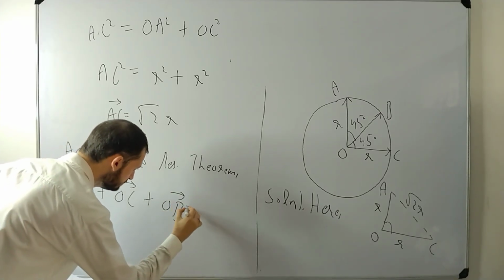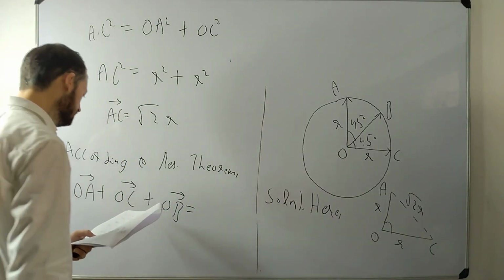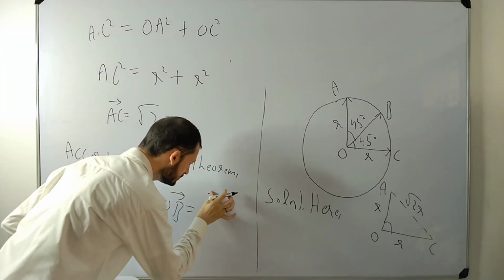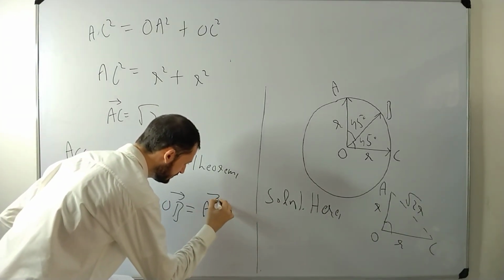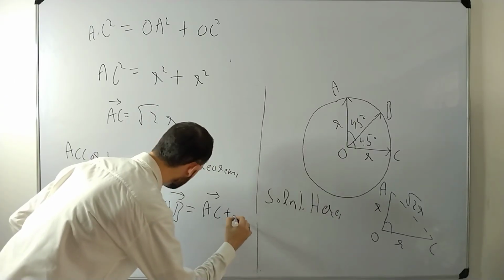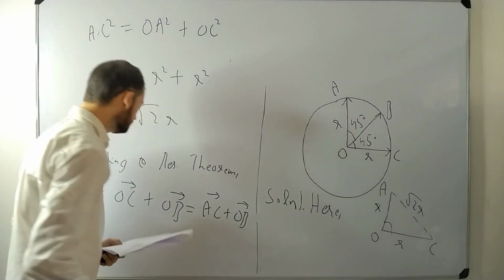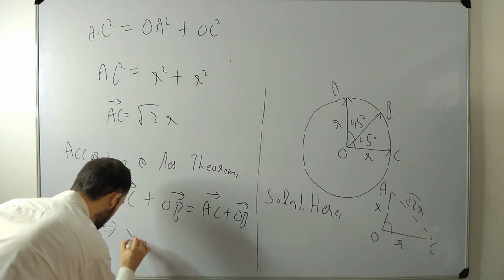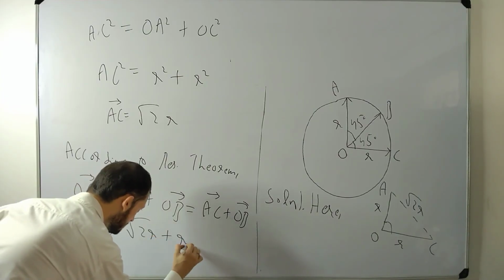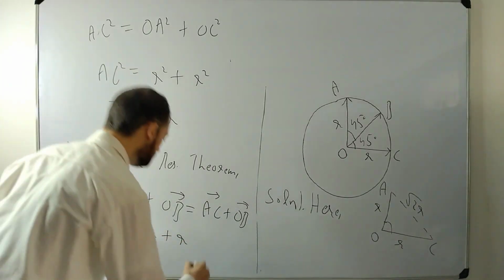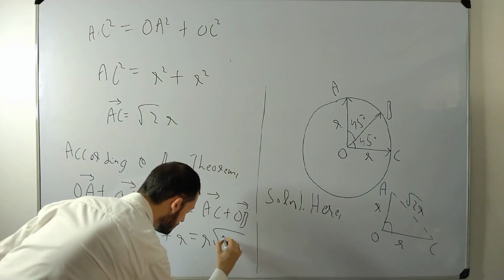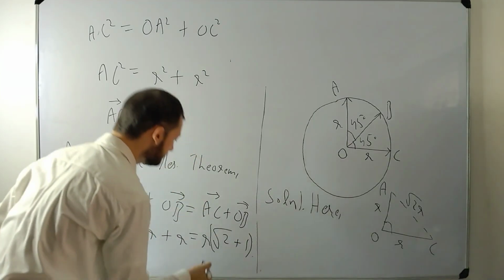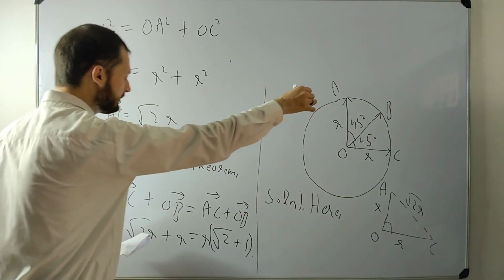So this should be equal to AC plus OB. Now what do you do? Add them up, no? Yes, sir, definitely. So I would write under root 2 R plus R. Then the value becomes R times (under root 2 plus 1). Right, students? This is the resultant of these three vectors.